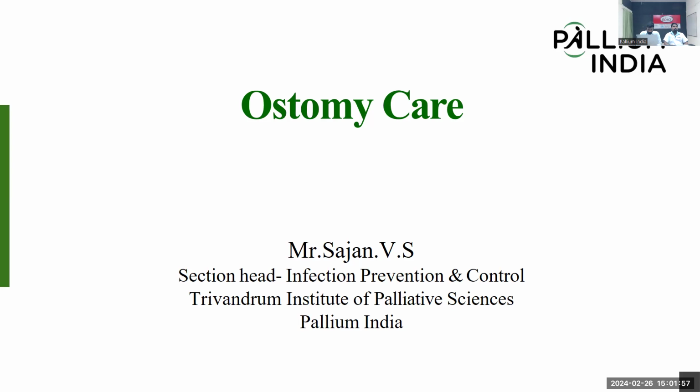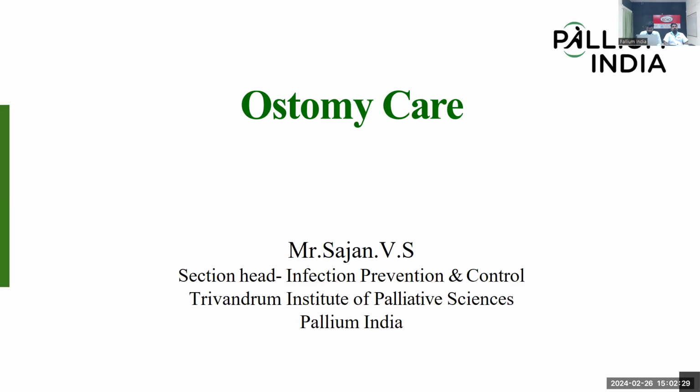So for the purpose, normally there are some natural orifices, but due to some disease condition or the progression of any disease condition, these natural orifices can't fulfill the need of our body. In that condition, we artificially or surgically prepare an opening, on a permanent or temporary basis.